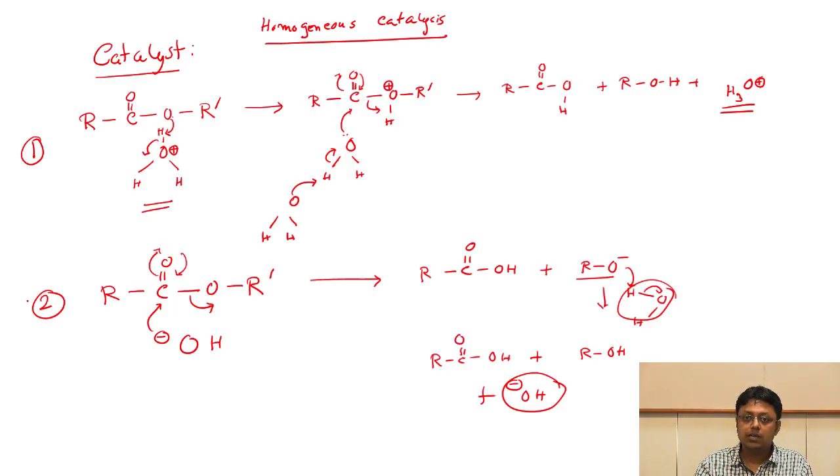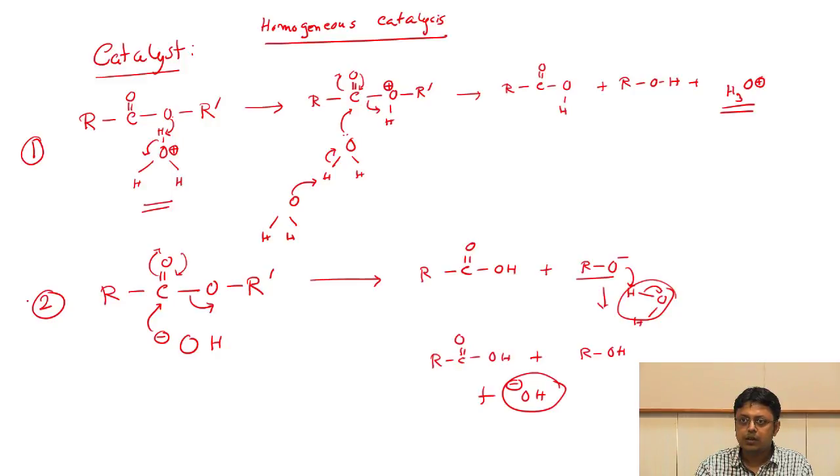If you do this experiment, you take something like, say, ethyl acetate, and then you put some acid, heat it, warm it up, and you will see that acetic acid is generated in the mixture. That acid you can titrate against some known volume of alkali and figure out how much acid is being produced in the reaction, and then you can find the rate constant of the hydrolysis.